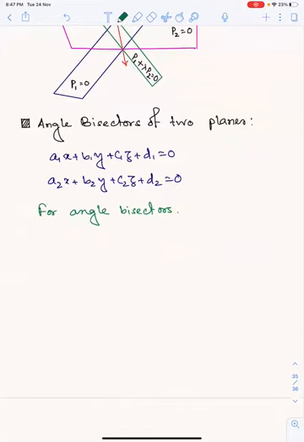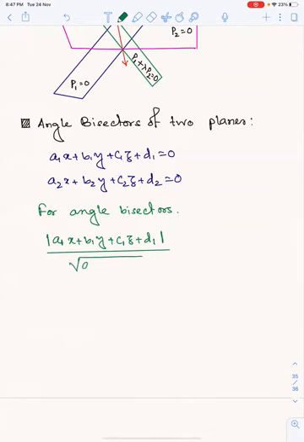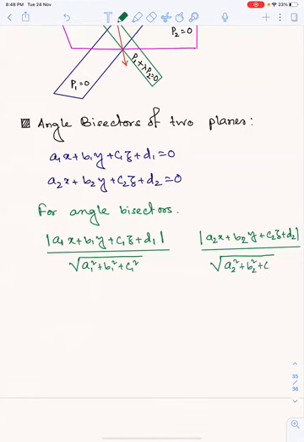For any point, the distance from the first plane can be marked as modulus of A1x plus B1y plus C1z plus D1 divided by root over A1 square plus B1 square plus C1 square, whereas the distance from the second plane will be modulus of A2x plus B2y plus C2z plus D2 divided by root over A2 square plus B2 square plus C2 square.